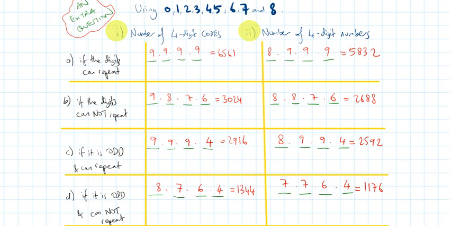Now, if you are looking for an odd number and the digits can repeat, we don't have any problem with the first 3 positions. It can be any of the 9, any 9, any 9, except the last. The last should be one of the odd numbers. And what are the options for the odd numbers? It can be 1, then 3, then 5, then 7. So those make the possible 4 options for the odd number.